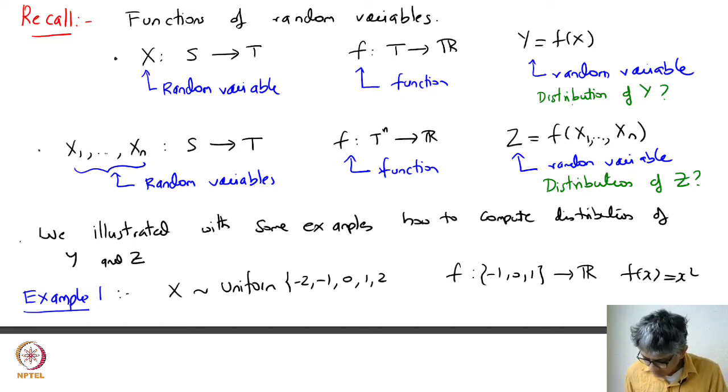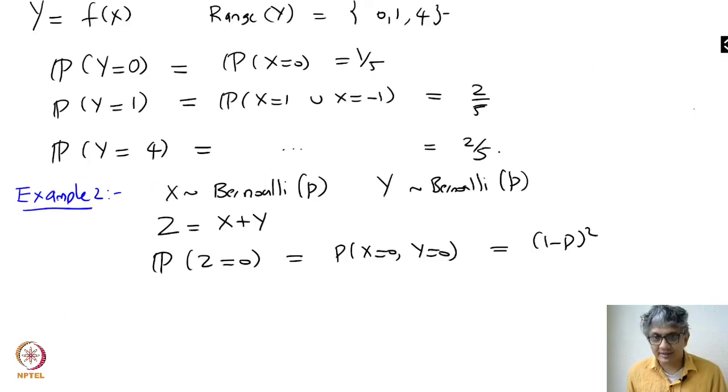So example 1 was when X was uniform on -2, -1, 0, 1, 2. That means X took values -2, -1, 0, 1, 2 in an equally likely manner. That is, the chance of X assuming any value was 1/5. And if we took the function f(x) equal to x squared, then we found that the range of Y was 0, 1 and 4, three values. And then we showed that the probability of Y equal to 0 was the same as X equal to 0, with 1/5.